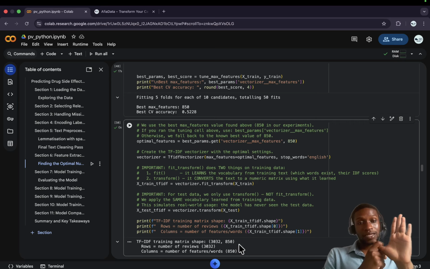Then after that comes an important space of text preprocessing. This text preprocessing was layered into different steps.